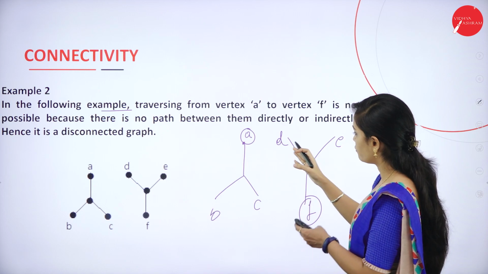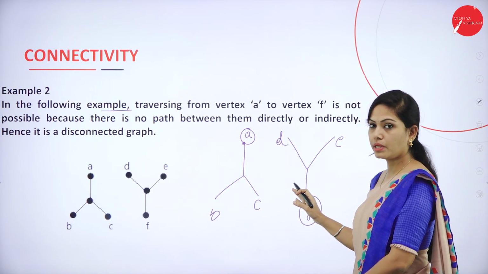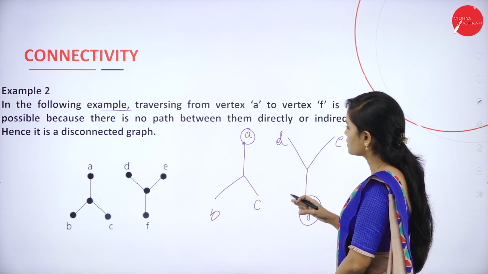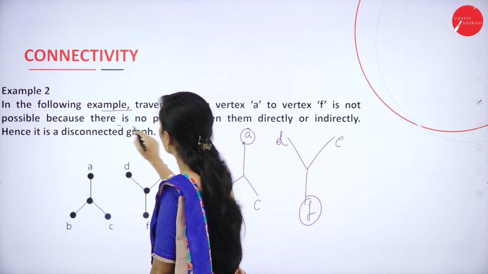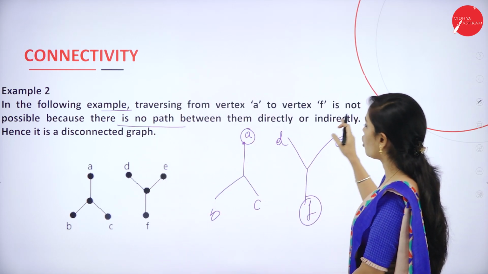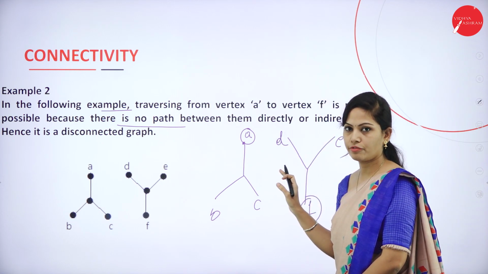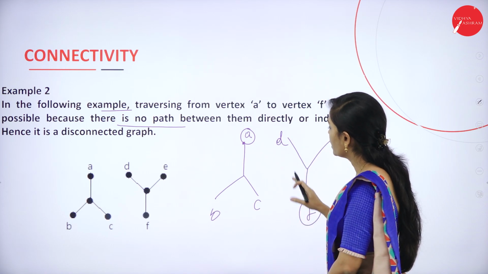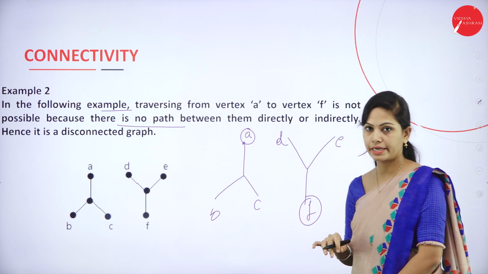How would you travel from vertex A to vertex F? It is not possible because this is one graph and that is a different graph. It is not possible to travel from vertex A to vertex F because there is no path between them, directly or indirectly. Hence it is a disconnected graph. Clear? There is no path from A to F, so it is a disconnected graph. Clear?